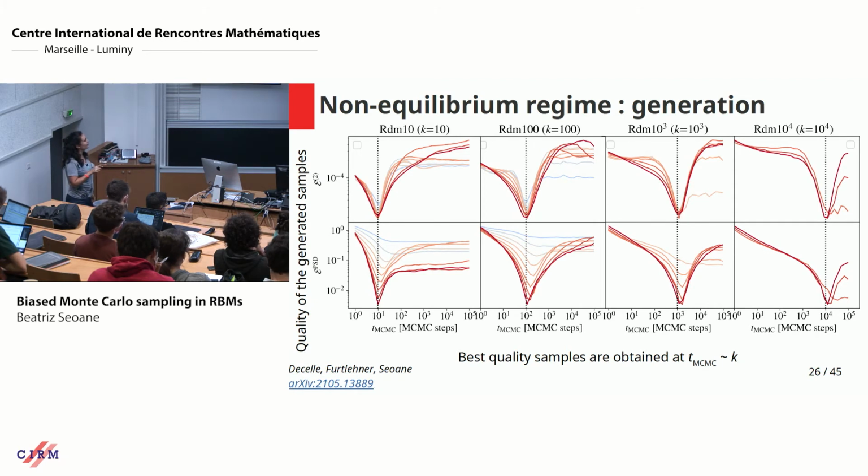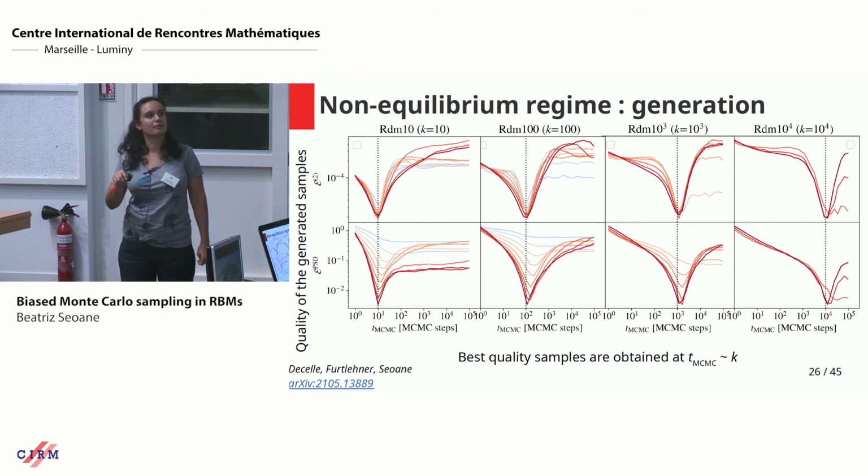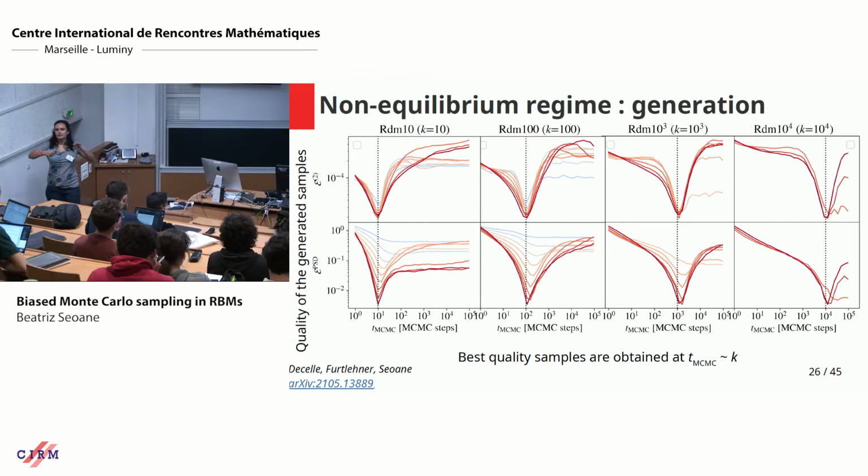What is quite interesting is that the quality of the samples that I get with the training of 10 steps is as good as the one that I train with a lot of steps. So using short chains, we can get samples that are quite good, but we have to be careful and use the sampling at the right time, because otherwise we get something that is very bad.